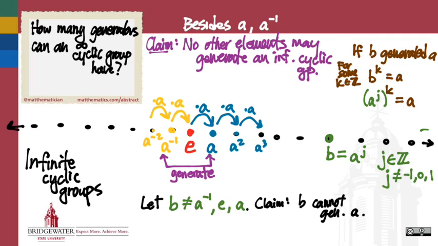But what is a raised to the j raised to the k? How do I simplify that? Yeah, just multiply. Just use the general properties of exponents. A to the j times k is equal to a. And if I want to do something with this equation, I'm going to try to get all the a's onto one side. How can I get all the a's onto one side? Divide.